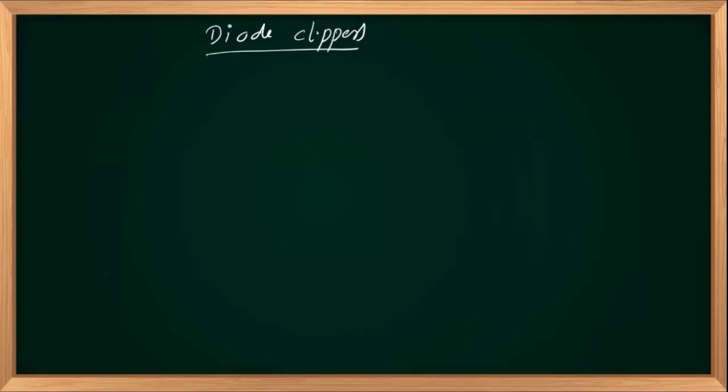Last class, we covered the clipper circuit using an ordinary diode. In that, if the diode is an ideal diode, when anode to cathode voltage VAK is greater than 0, it acts as a short circuit.